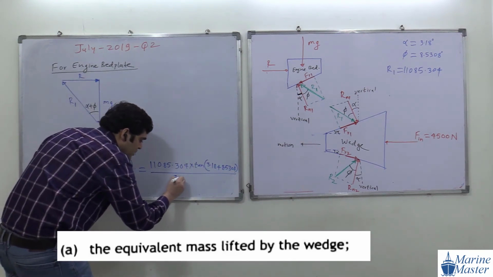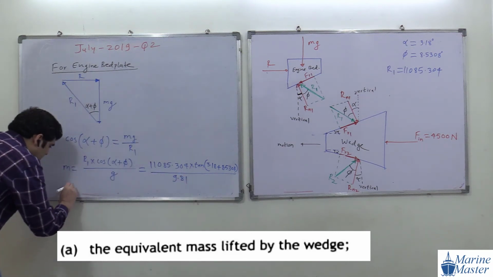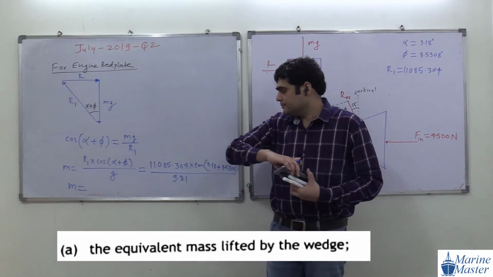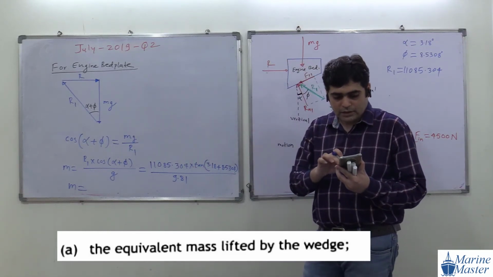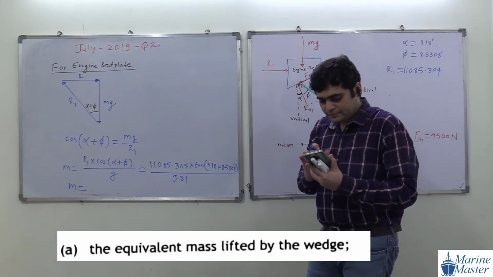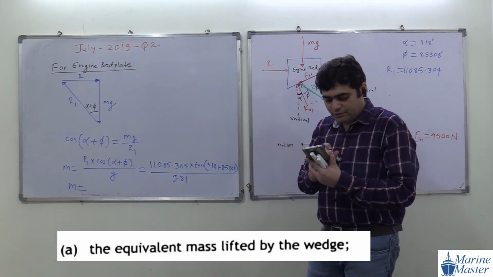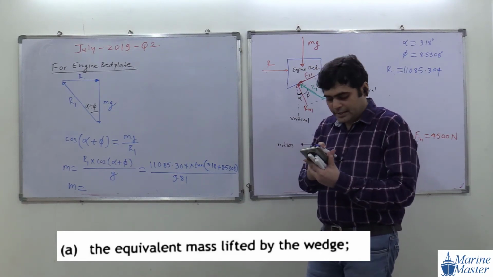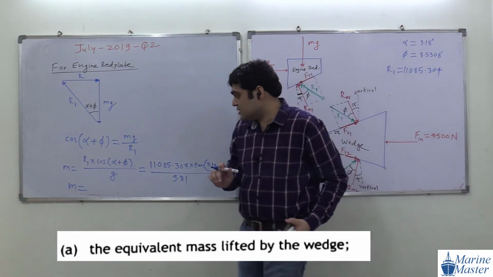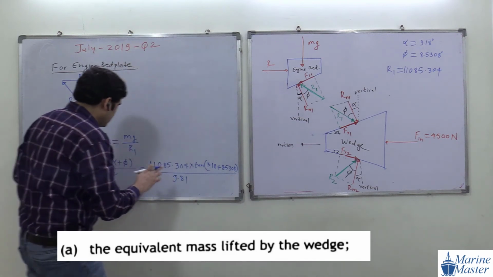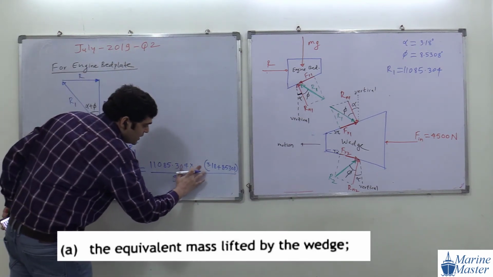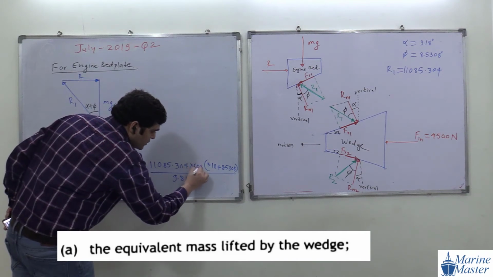G means acceleration due to gravity, 9.81. So please everyone do this calculation with me and tell me the value of mass. So how much? 11085. Okay, yes, it is not 10. Good guys, always be attentive. I may make such mistakes. So it must be cos.